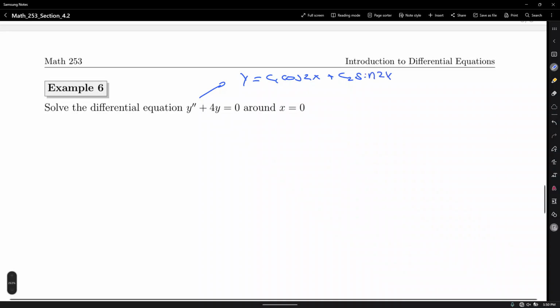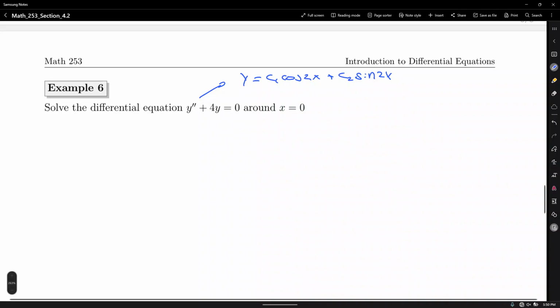Do you guys agree with that solution? Just using the higher order differential equations with constant coefficients. But guys, we're going to solve the same equation using power series. Okay, so here we go.